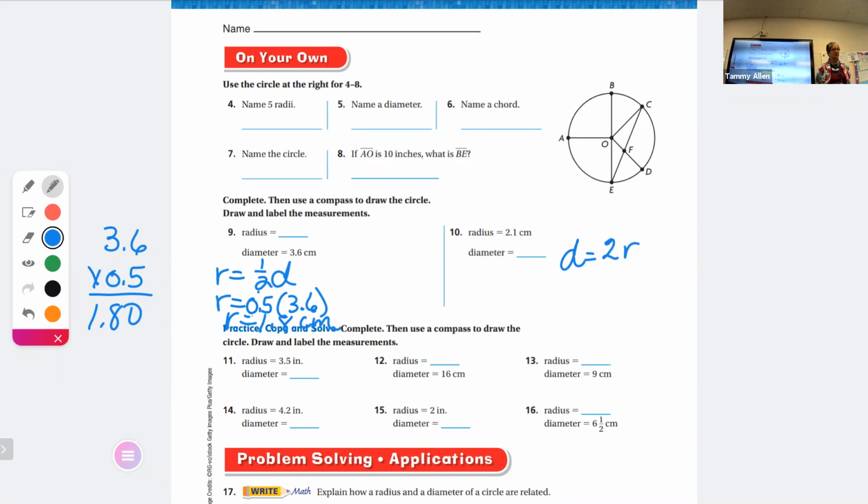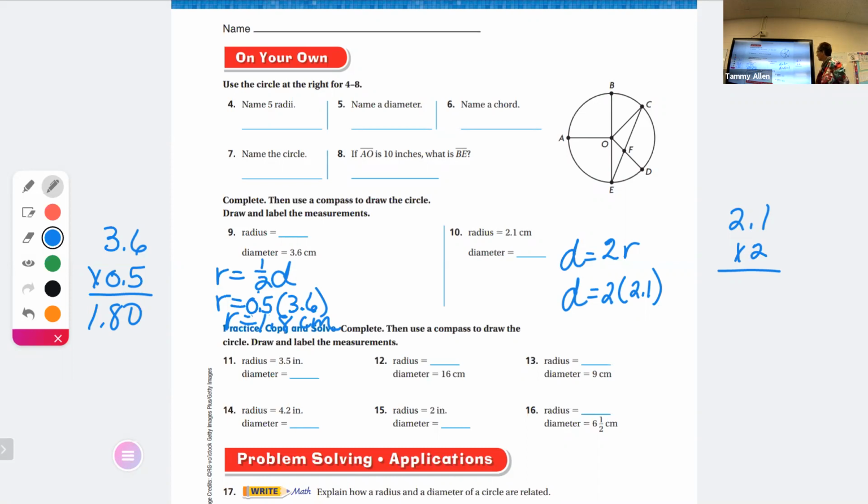The diameter is twice the radius. Okay? What's our substitution step going to look like? Come on, say. Okay. What then is the diameter of that particular circle?